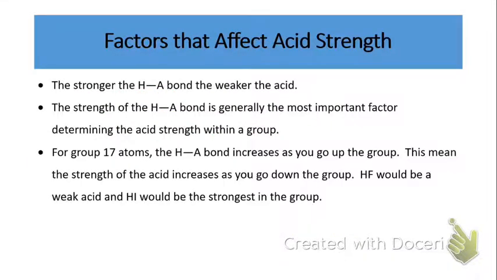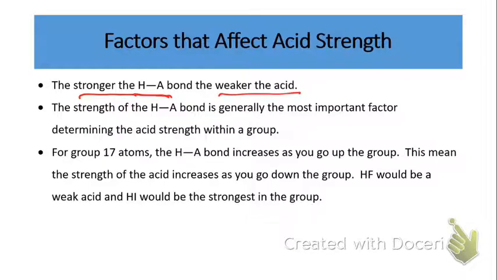All right, so here's another factor that's really important, especially as we go down the periodic table in a group, and that is the strength of the HA bond, okay? So the stronger the HA bond is, the weaker the acid.